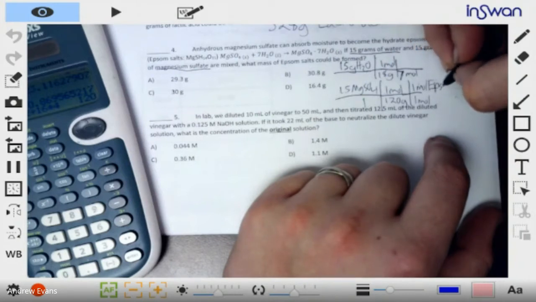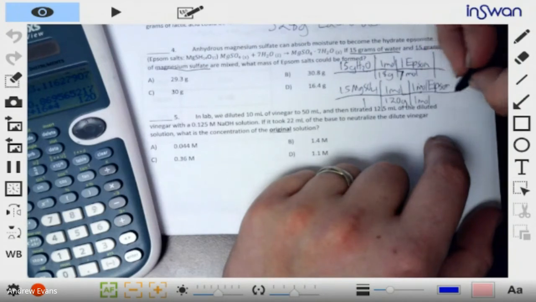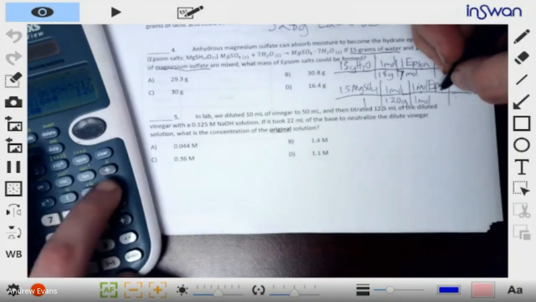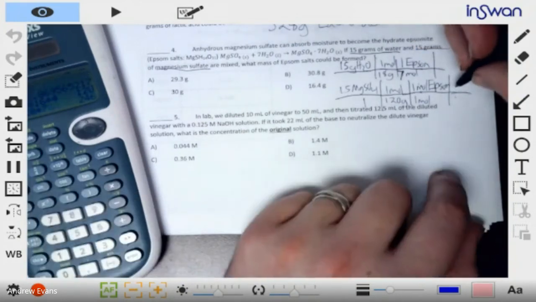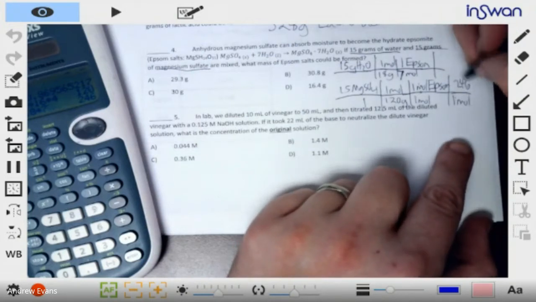And for every 1 mole of Epsom salts, we need 1 mole of magnesium sulfate. And the molar mass of Epsom salts would be just magnesium sulfate plus the 7 waters. So 120 plus 18 times 7, and 1 mole of Epsom is 246.